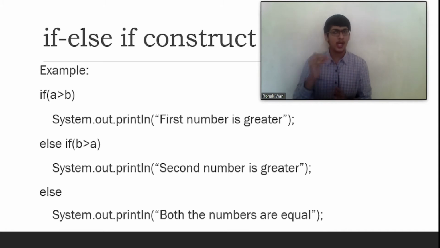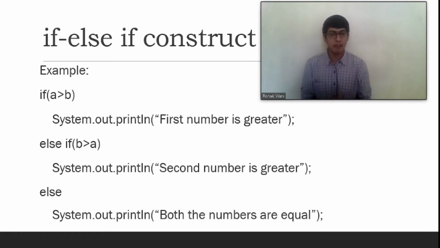Now we can simplify this problem using the if-else-if construct. First, I define the first condition: whether A is greater than B. If A is greater than B, then the first number is greater. If A is not greater than B, say B is greater than A or both are equal, then it will not print that the first number is greater.